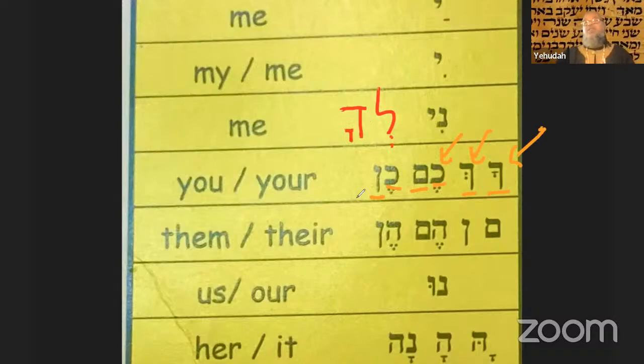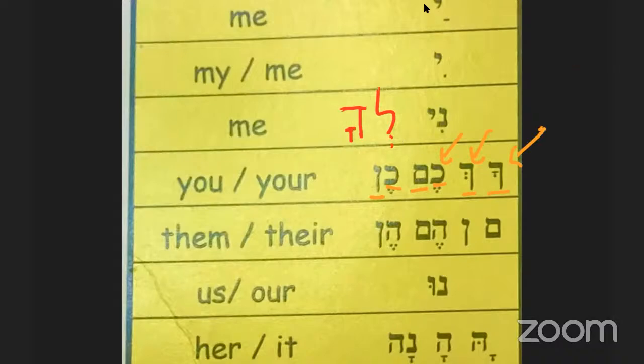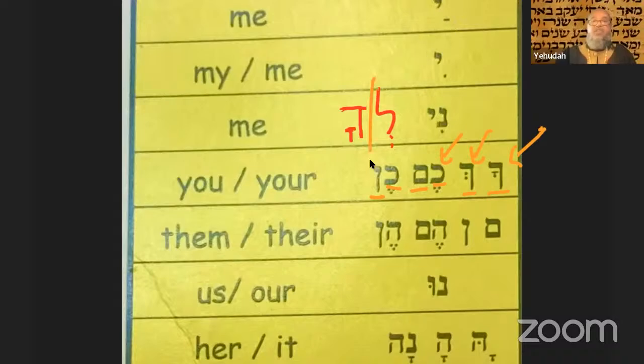Laka. What does that mean? What does Laka mean? To you. Thank you, Dr. Yared. You got it. It is to you. This is a preposition. This right here is you.